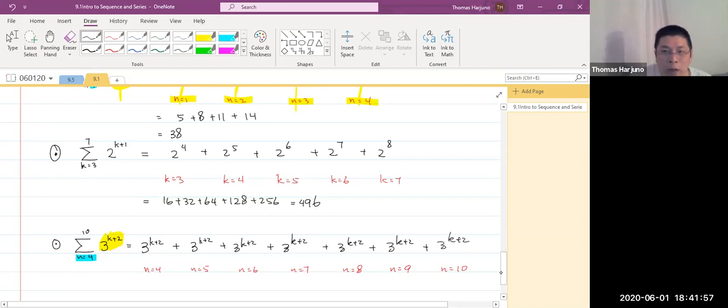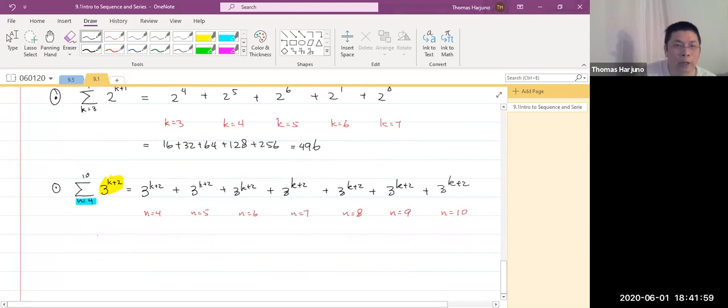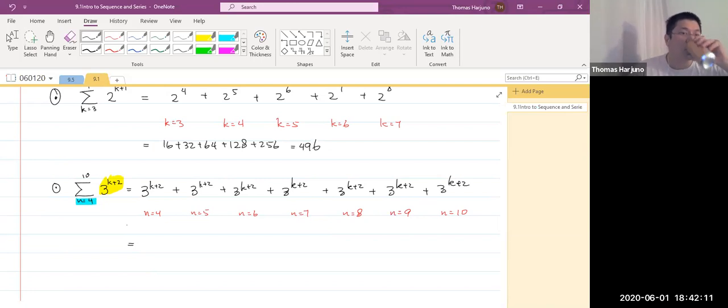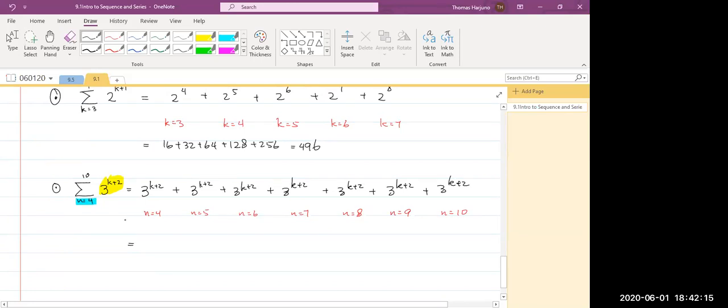Which will give us, if I combine that, what do I get? How many terms there, by the way? Seven. 7 terms, not 6 terms.